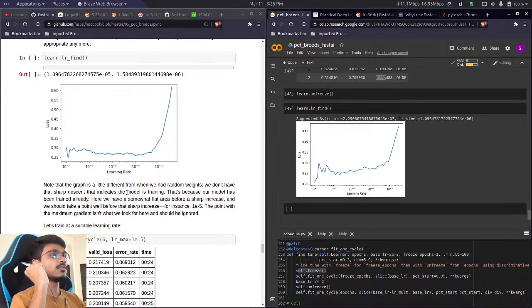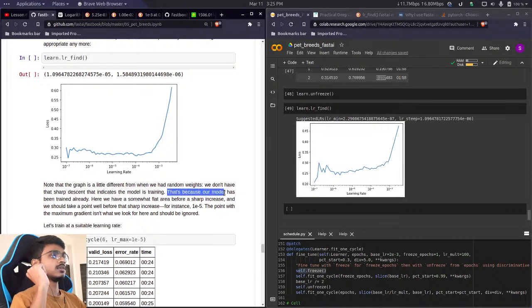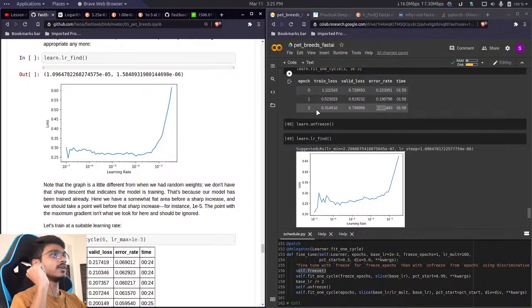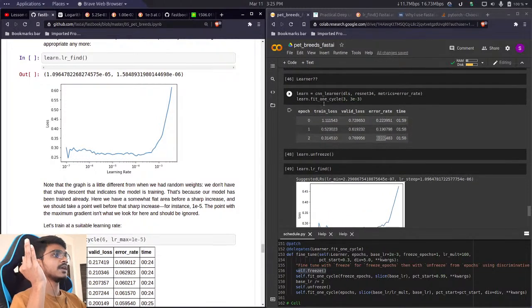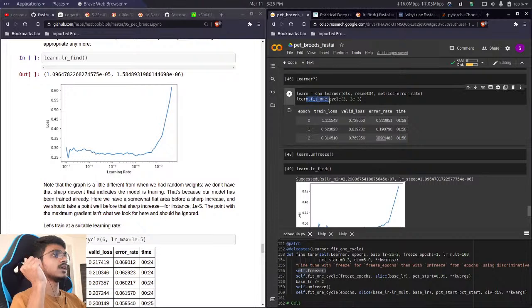That's because our model has been trained already. The pre-trained layers are already trained, and also we have trained the random weights for one cycle for 3 epochs.